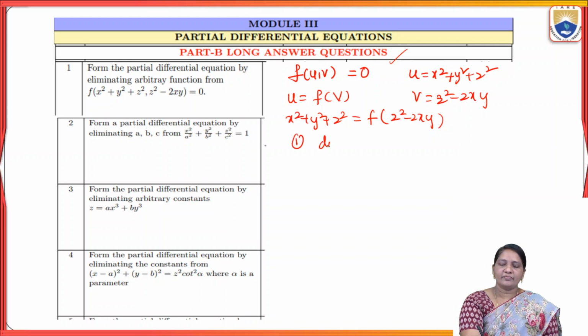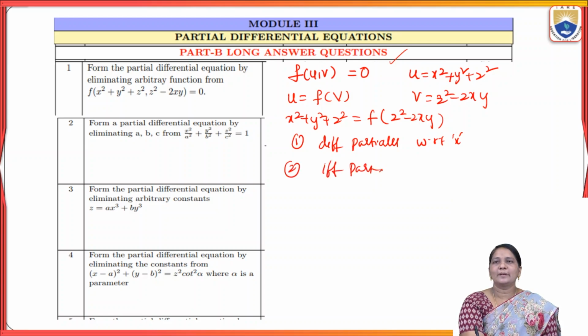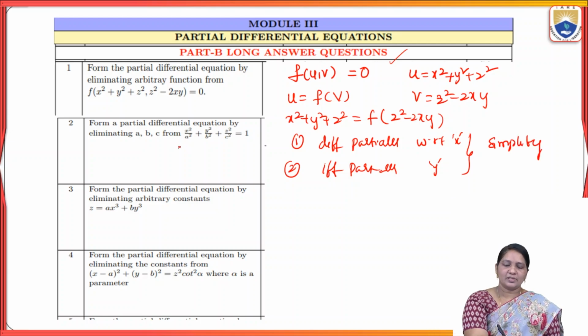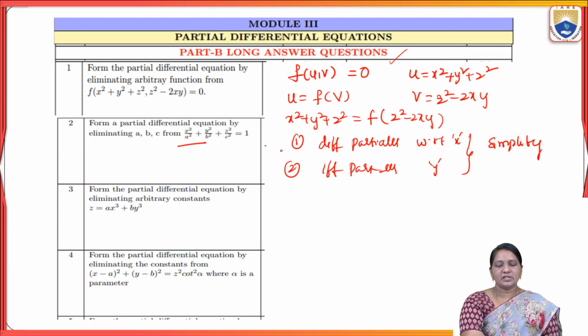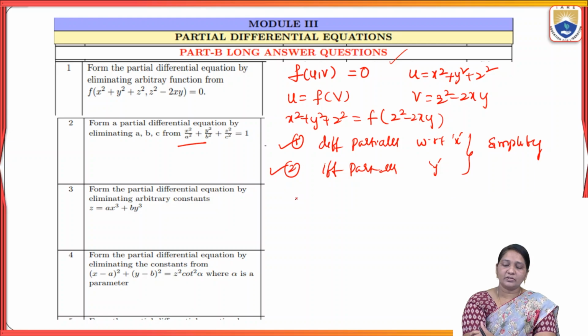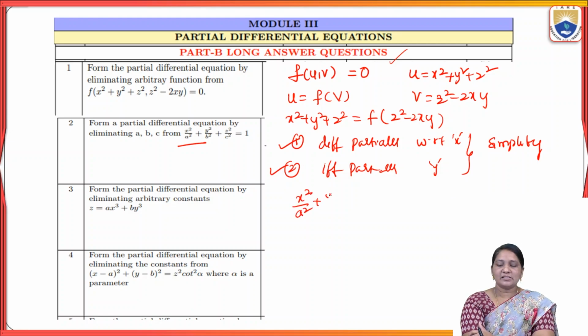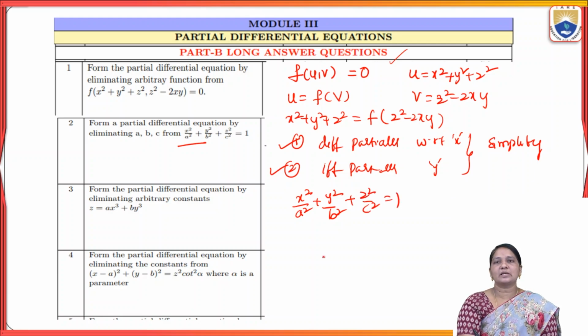First we are doing differentiate partially with respect to x, and second one is differentiate partially with respect to y. So after taking these two equations, we have to simplify the equation to get the PDE. So here also in the same way we have to do partial differentiation with respect to x and with respect to y, and here we are having x square by a square plus y square by b square plus z square by c square equal to 1 in the second problem.